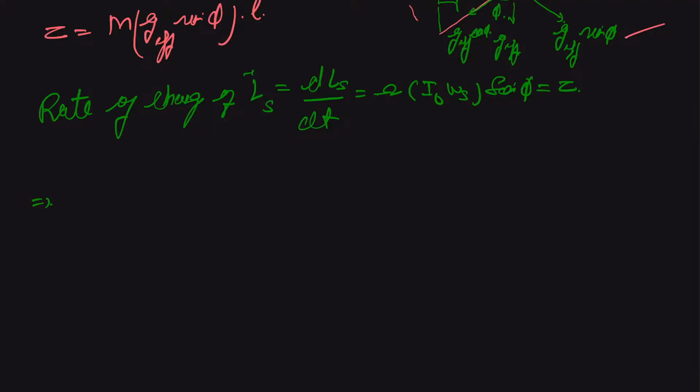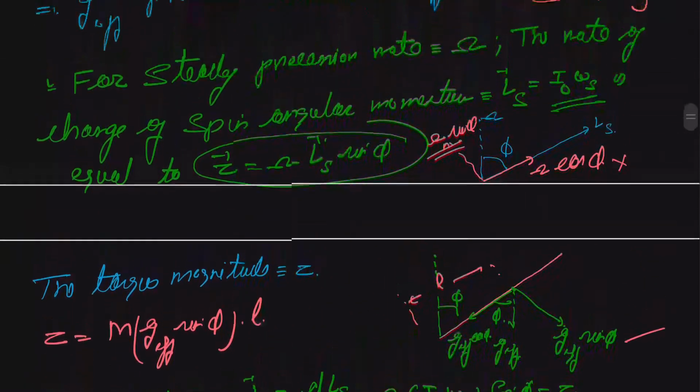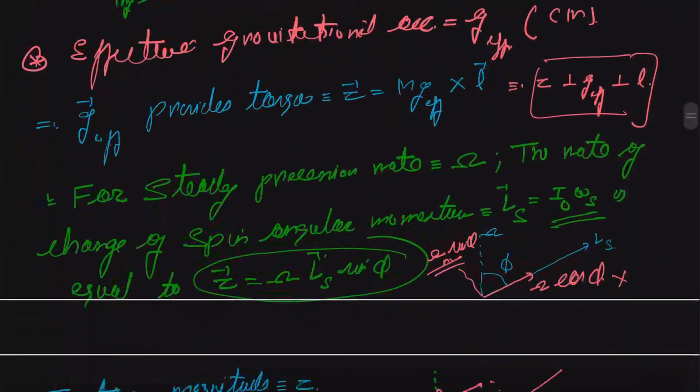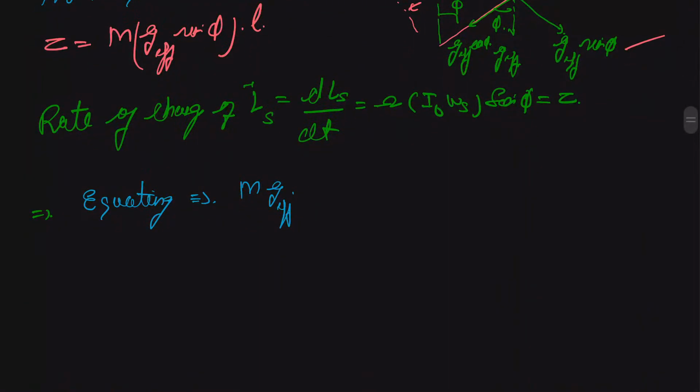And we can just equate this torque. So equating, we get m g effective sine of phi times L is equal to omega I naught omega s sine of phi.